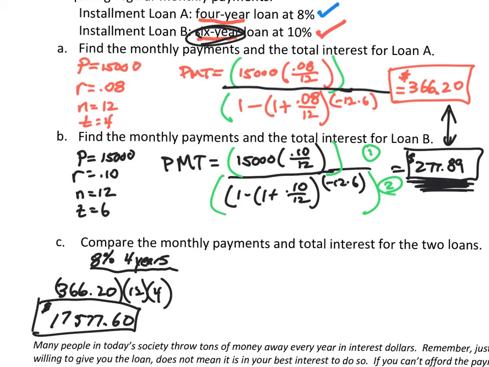Now, we know that we owed $15,000. So if you subtract $15,000, this is the interest that you actually paid. You're going to get $2,577.60. So this is the amount of interest that the bank made off of you by lending you that money.